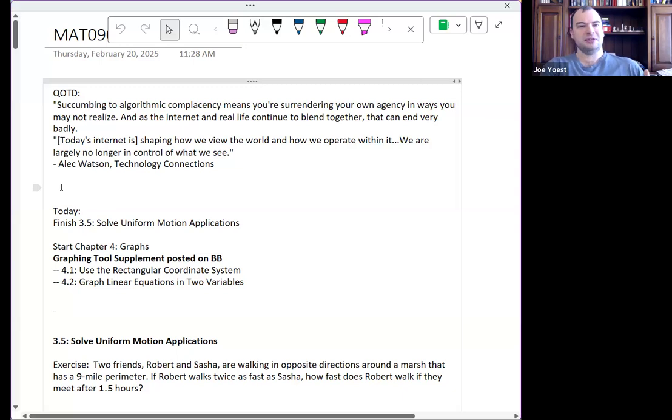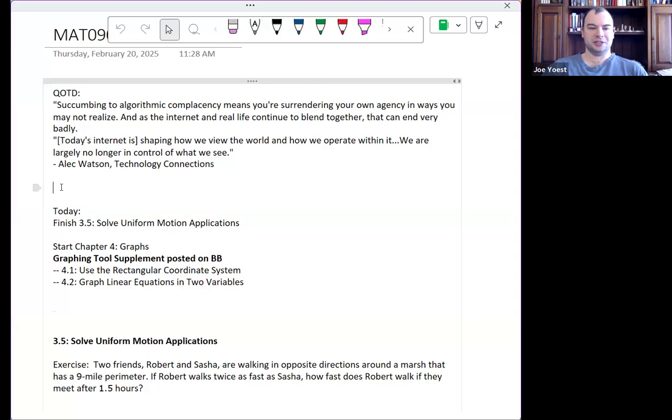So algorithmic complacency was the phrase he chose to use to discuss this idea that not only are we okay with these recommender systems recommending things to us, but we actually prefer that.